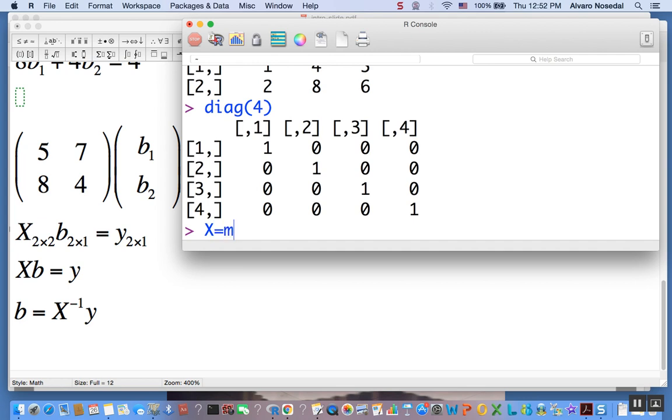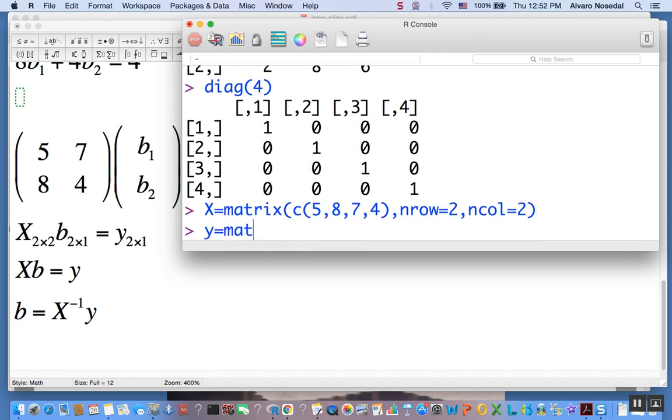So just like before, we define our matrices first. So 5, 8, 7, and 4. We have 2 rows, we have 2 columns.